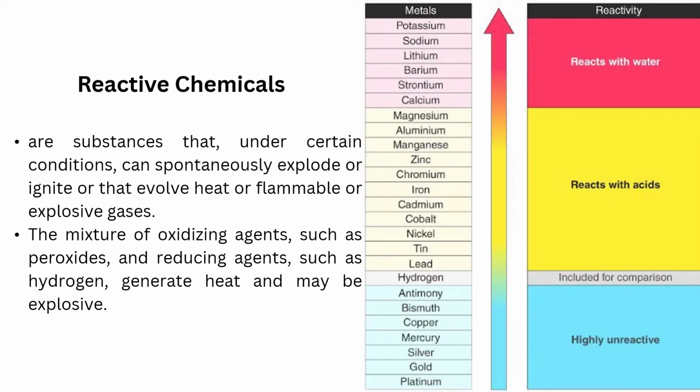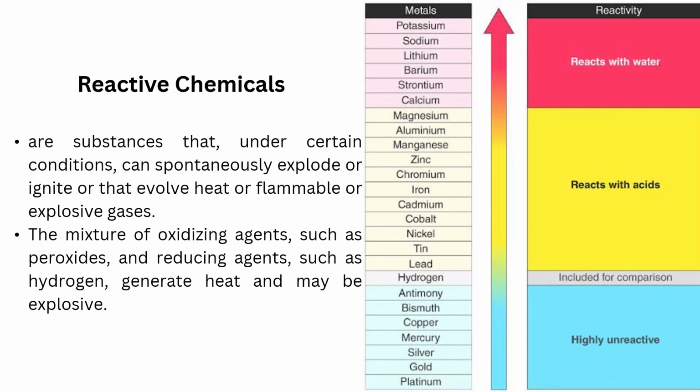As for reactive chemicals, these are substances that under certain conditions can spontaneously explode or ignite or that evolve heat or flammable or explosive gases.